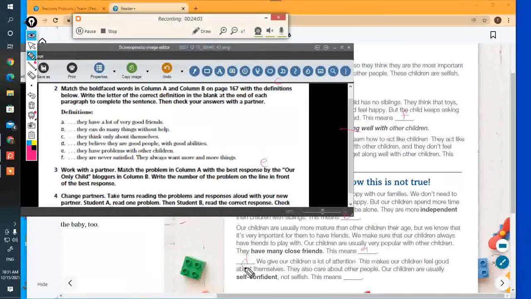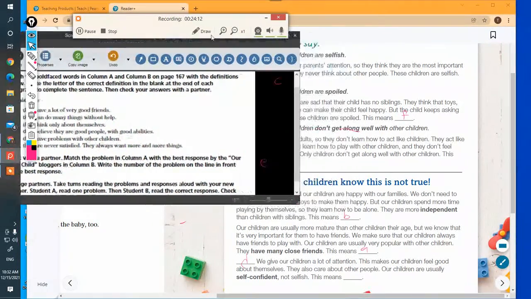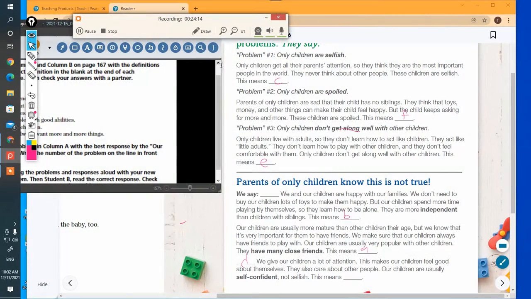Okay, now the next section is maybe a little confusing, but what we're going to do is, for problem number 1, there's an answer. How did the parents respond when they heard this complaint, this idea that they say that only children are selfish?